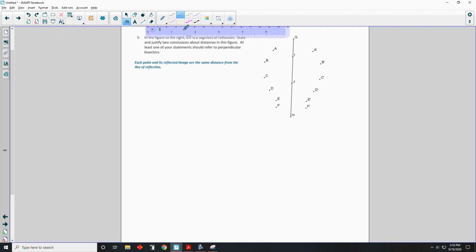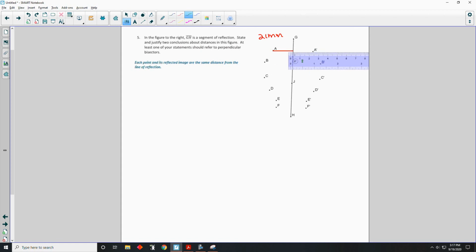So let's take a look. If I pick a point, it doesn't matter which one, how about A, and line up my 0 with it, we're going to measure as accurately as possible. There we go. From A to the segment GH is 21 millimeters.